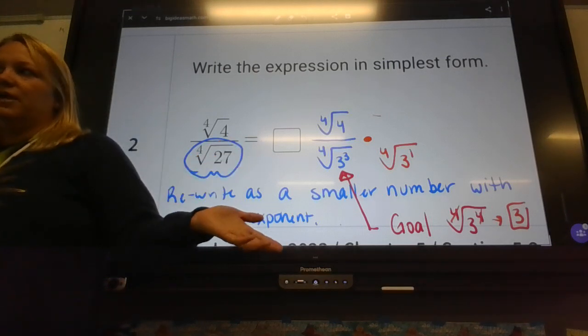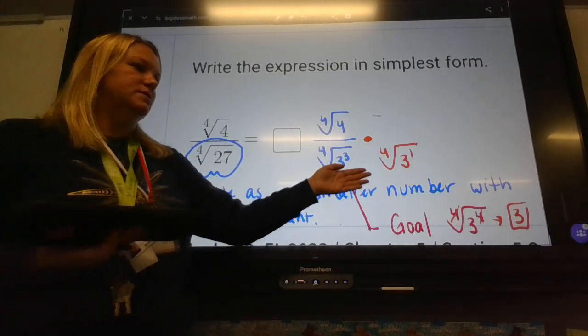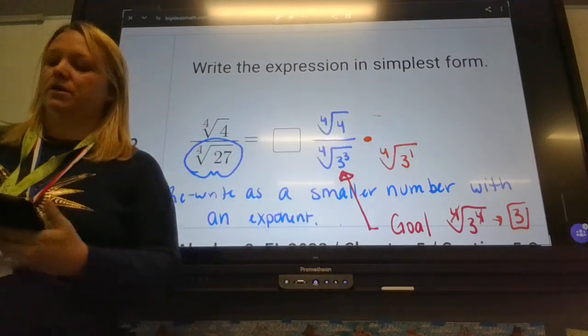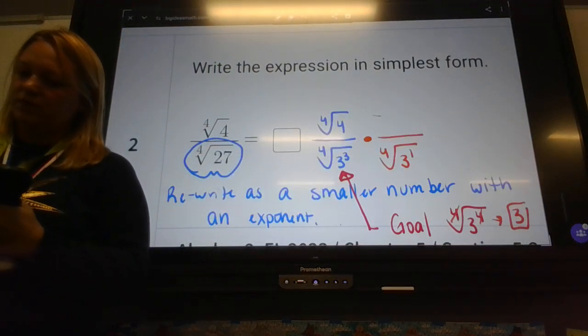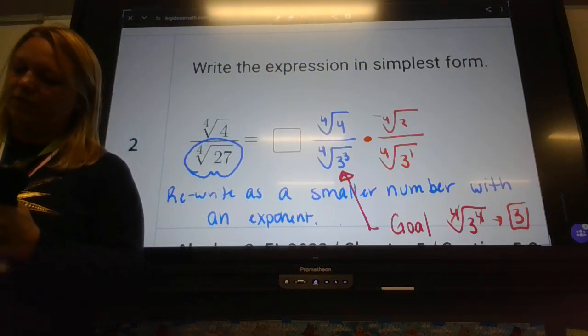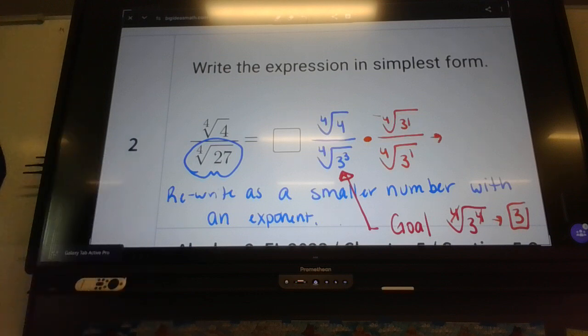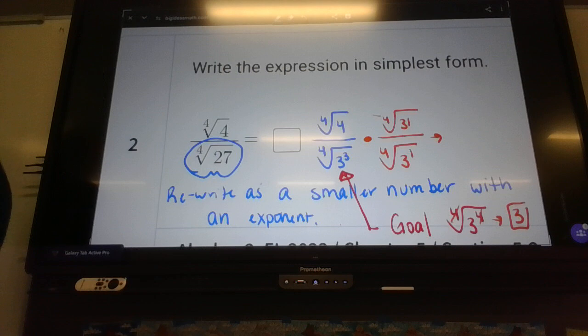Fractions are great because you can change them any way you want, as long as you do the change to both the top and the bottom. So I'll also have to do the 4th root of 3 to the 1st to the top. So the numerator is 4 times 3 to the 1st, and down below would be 3 to the 3rd times 3 to the 1st.